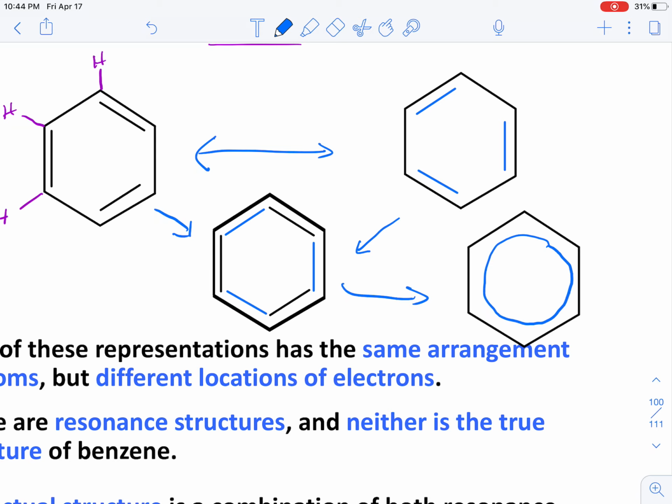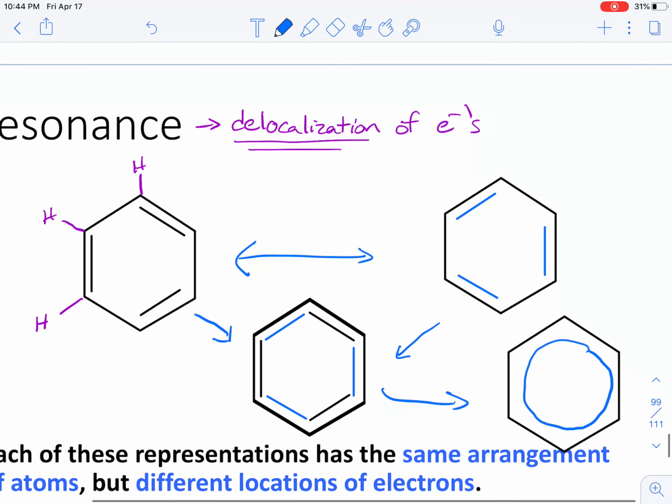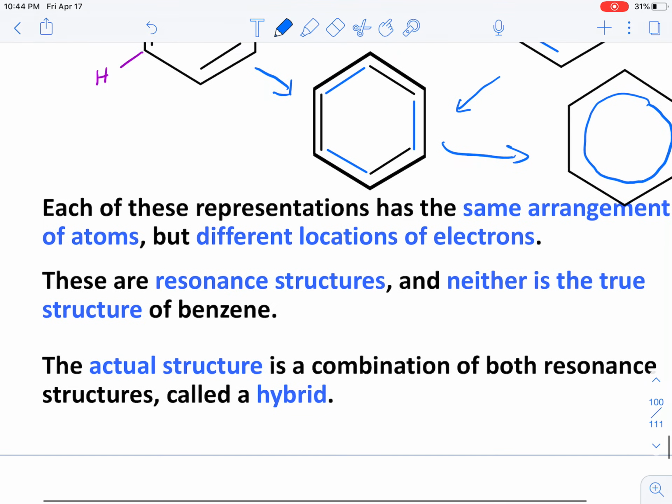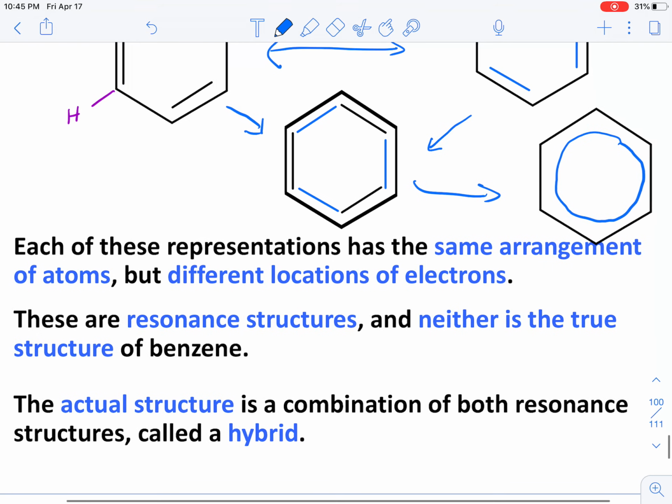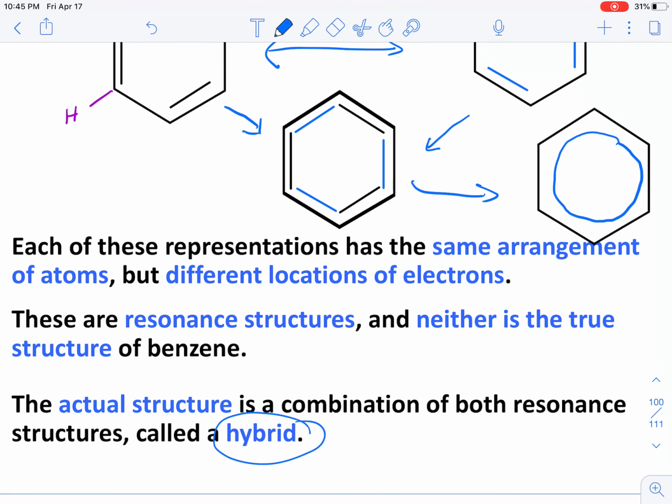And so overall that ring is communicating to the reader that you have a delocalization of these electrons. And so this is known as the hybrid structure of a benzene ring.